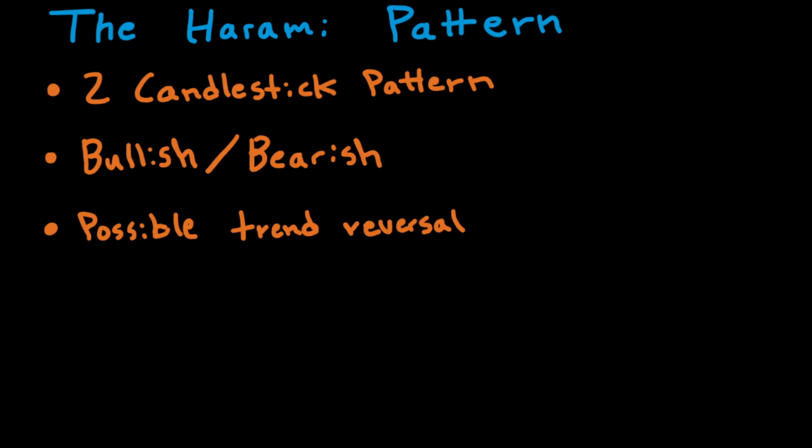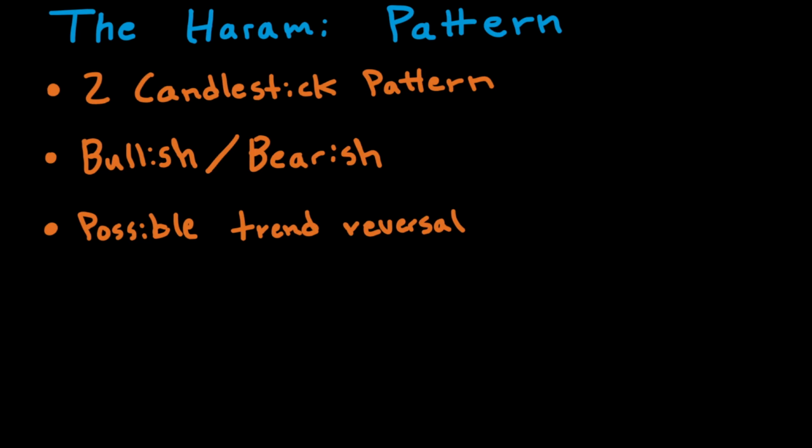This can mean a reversal from a bullish or upwards trend to a downwards trend, or from a bearish downwards trend to a bullish upwards trend. But important here is that it can also mean that it goes from up to neutral or from down to neutral. So it doesn't have to go from up to down.